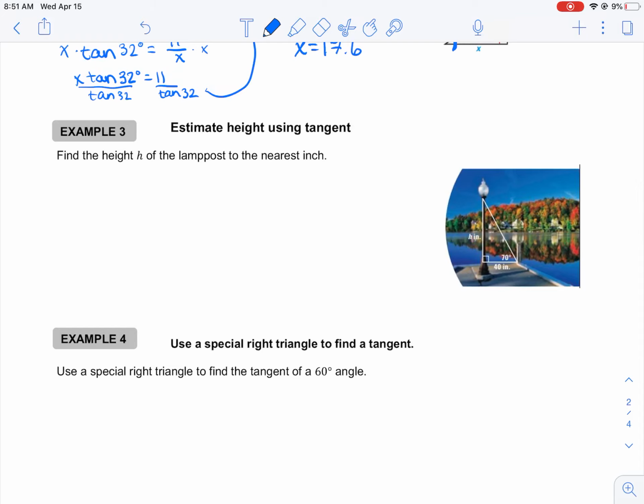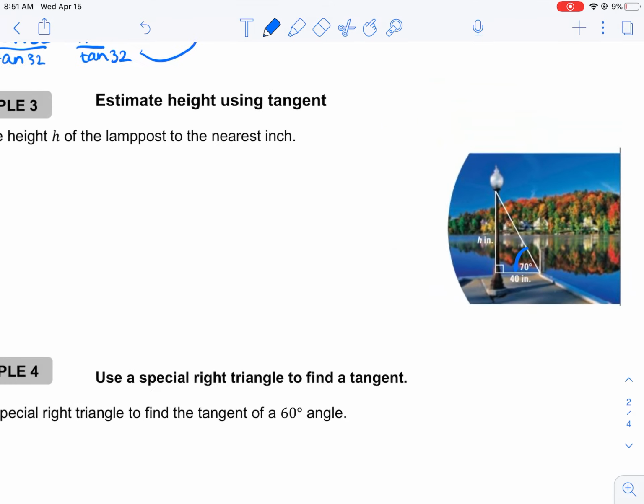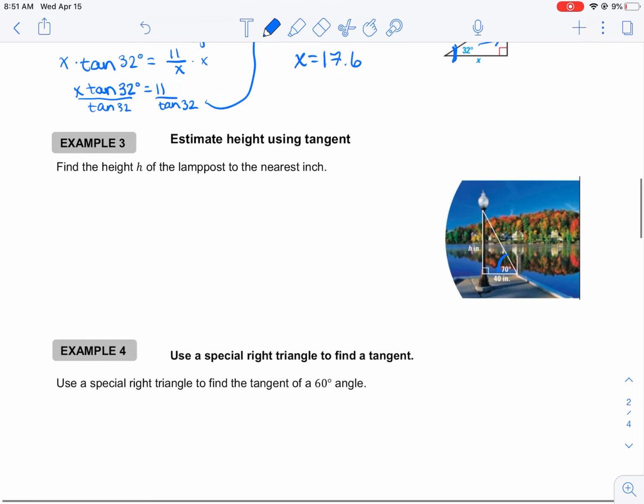So let's look at example 3. We want to estimate the height of this lamppost to the nearest inch using the tangent formula. So this is our angle that we're looking at. We want opposite over adjacent.